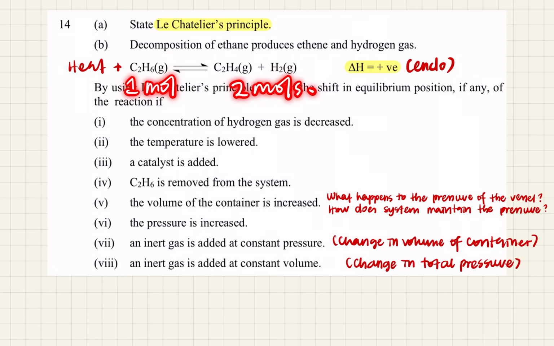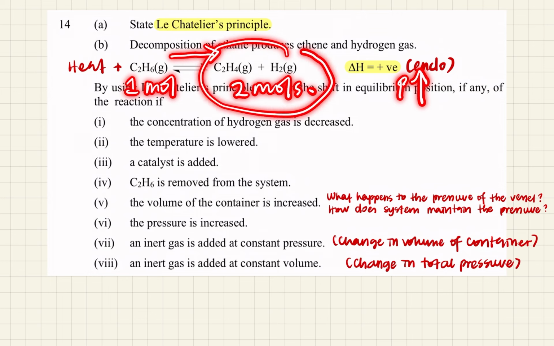Okay, so in order to increase pressure, your system wants to increase pressure, you are going to shift to the side with more number of moles. That means your equilibrium will shift to the right, because kat sini ada 2 moles. Bila kita ada banyak lagi mole dalam kita punya container, then our pressure in the vessel will increase.